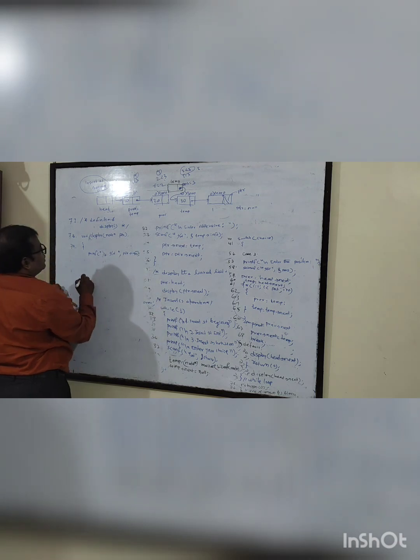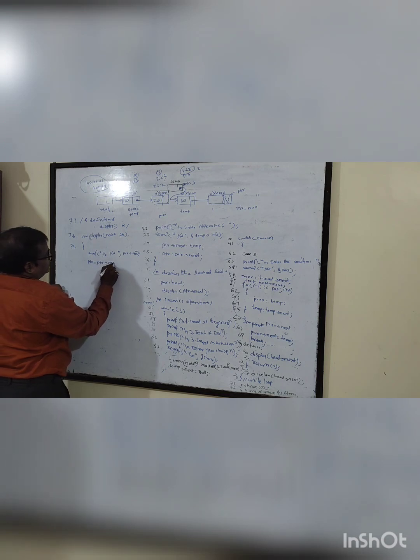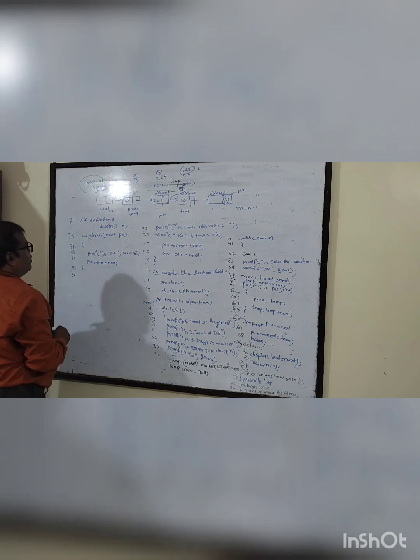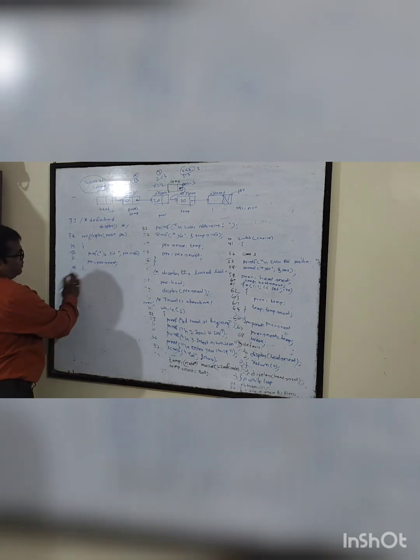Right? And write here ptr equal to ptr of next, and line number 80, 81, 82, line number 83. What will we write? I think that's over for this one.